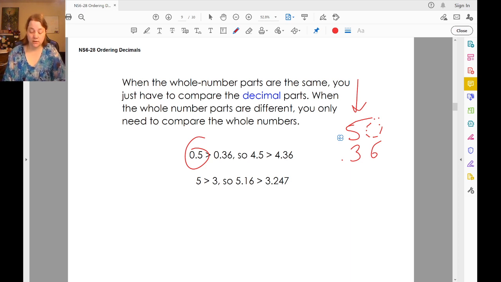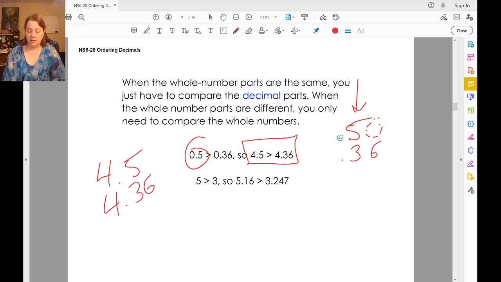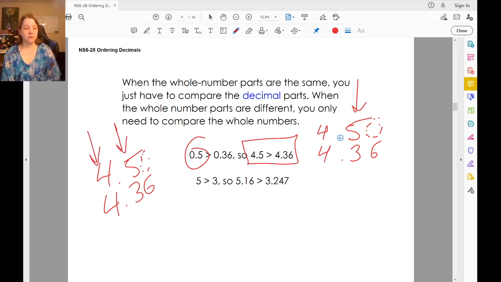So over here, when I compare 4.5 to 4.36, it's the same thing I did over here. Now I just added a 4 in front of it. Add my invisible 0, the 4's are the same. Here's the first different number. So 4.5 is bigger than 4.36.